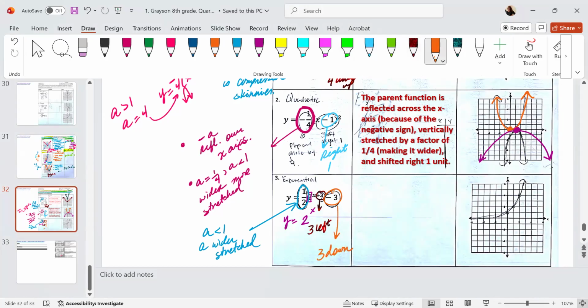It shifts to the right. Good. Okay. So then your original one is going to be like this right here. Or actually, yours is kind of, yeah, okay. It's right here, correct? And then your other one is, well, actually, let me see. The parent function.